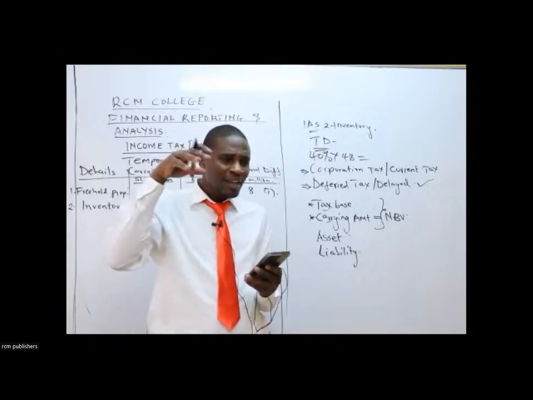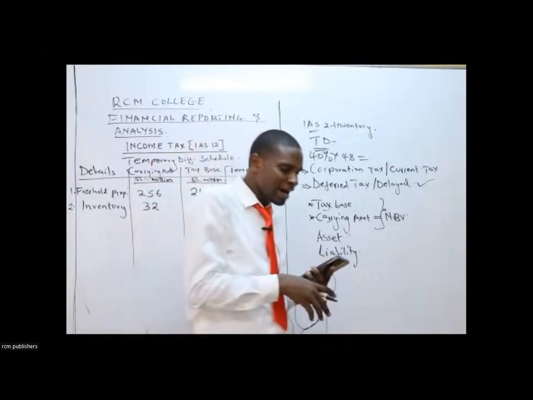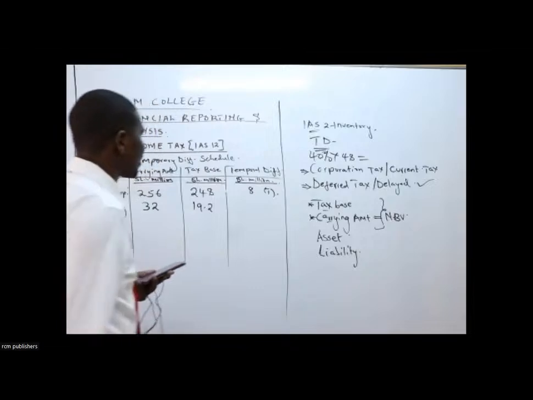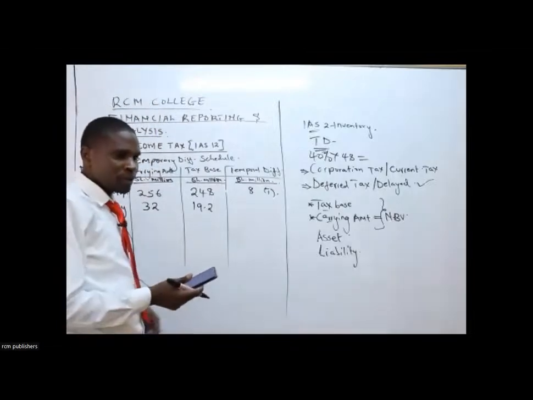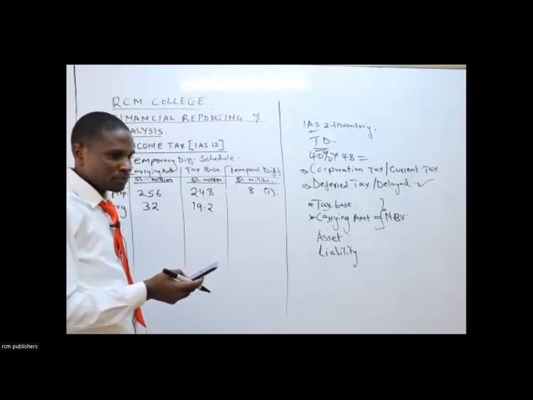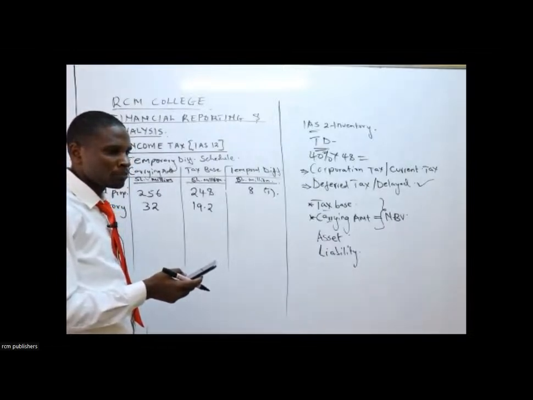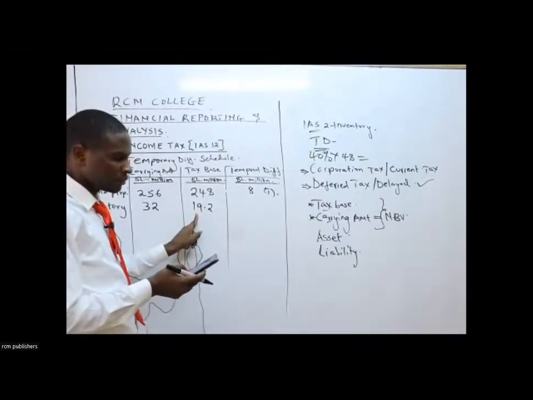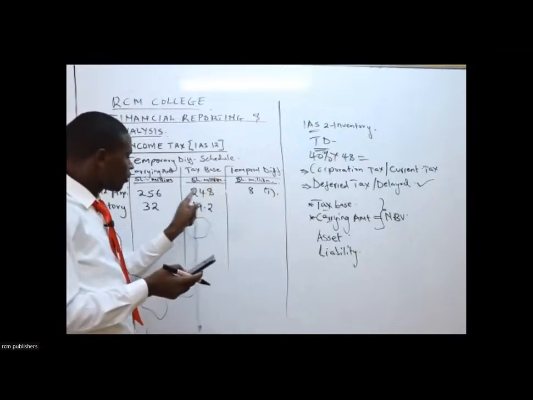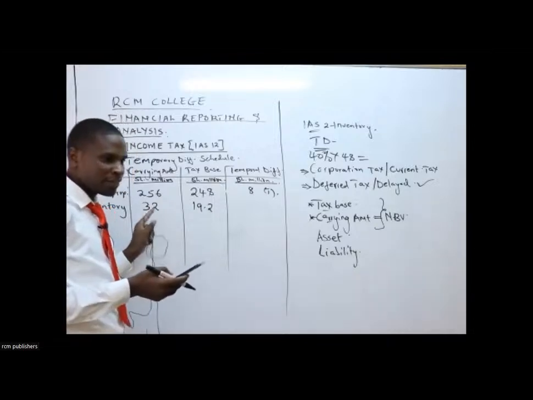So as at that date, the inventory that we actually have will be the difference. Tax base I have no problem with. The tax base is fine, 40% of 48. But now I have a problem with the carrying amount of the inventory here.